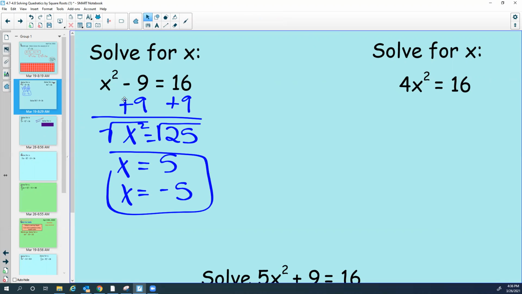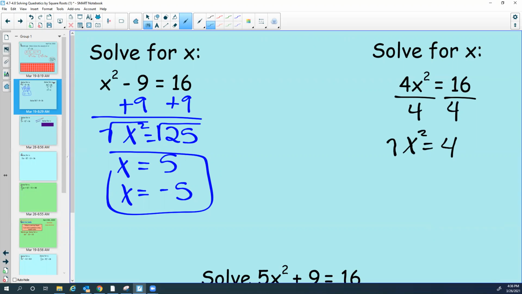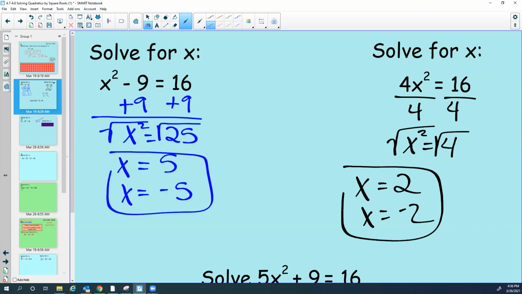Okay, why don't you pause the video and try the next one. All right, on this one, divide everything by 4. I get x squared equals 4. The square root of 4 is x equals 2. X equals negative 2.